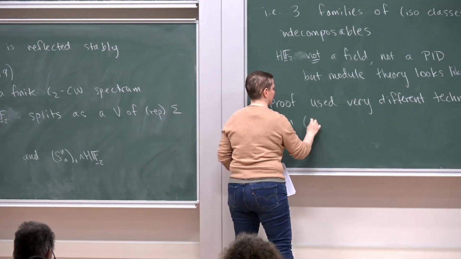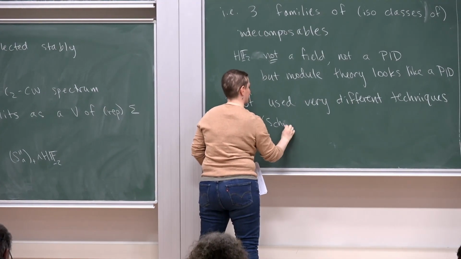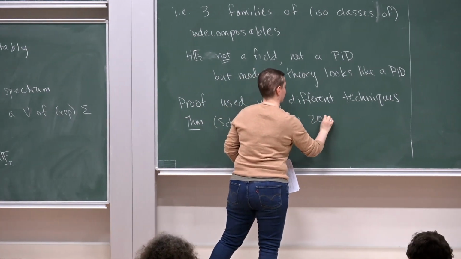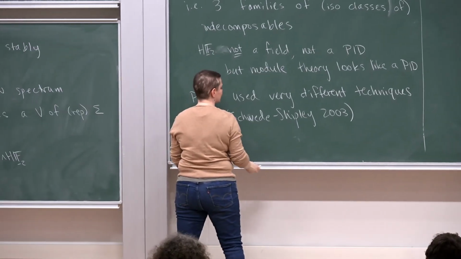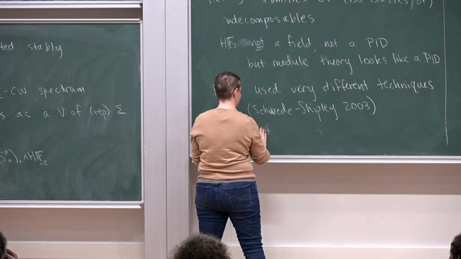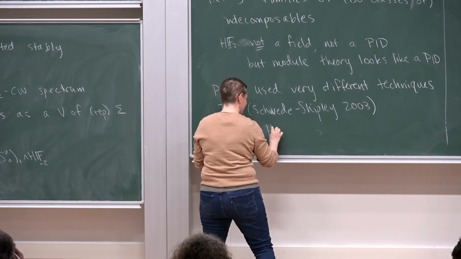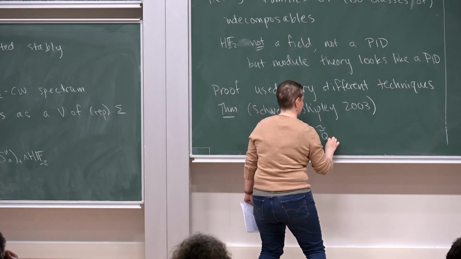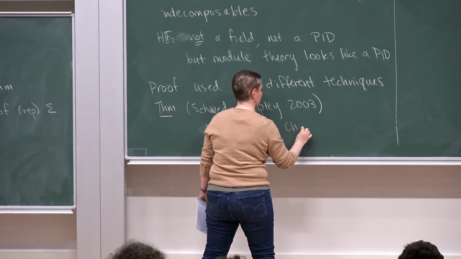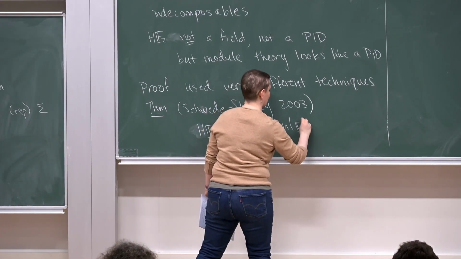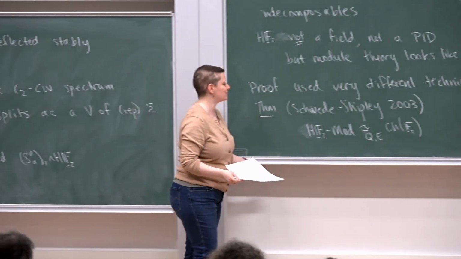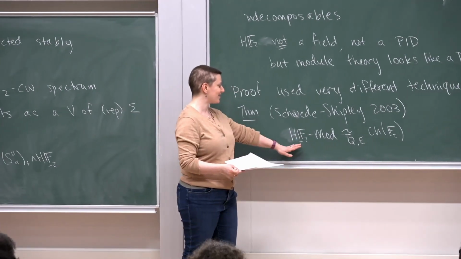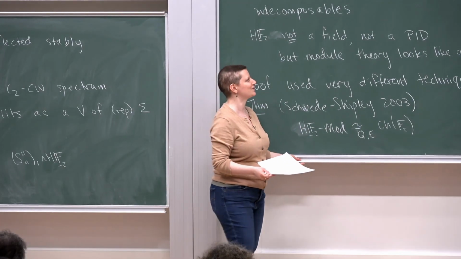So as input, we take this theorem of Schwede-Shipley, I think from 2003, which tells us that modules over this equivariant Eilenberg MacLane spectrum, this category is Quillen equivalent to chain complexes of modules over this Mackey ring, F2 underline. Okay, and I tried to jump the gun and say, well, so what that tells us is that the homotopy categories are equivalent, which is what we use.